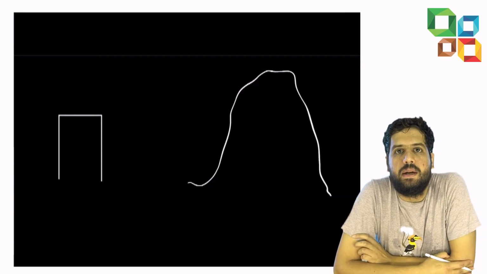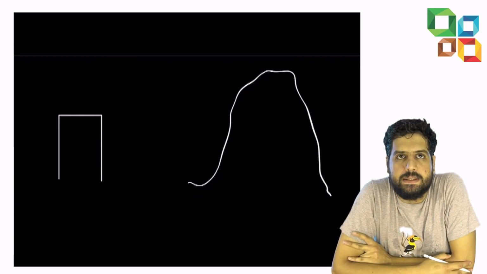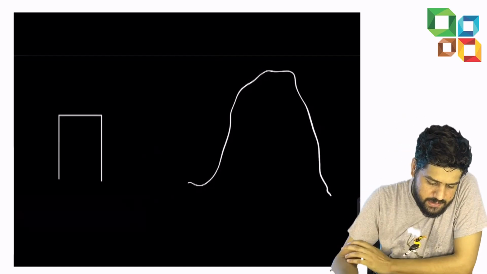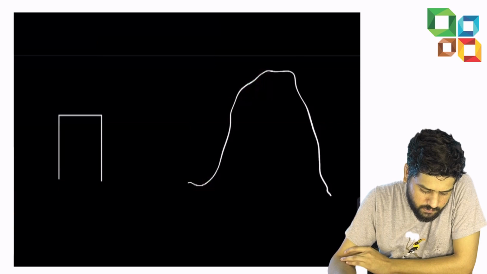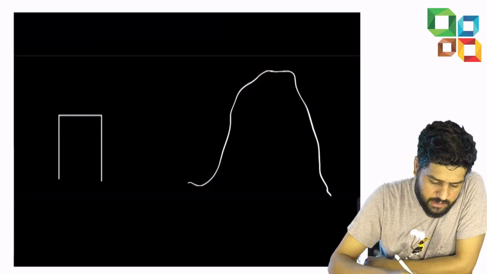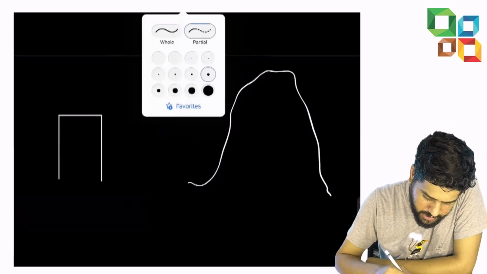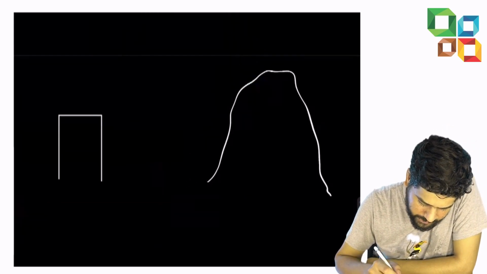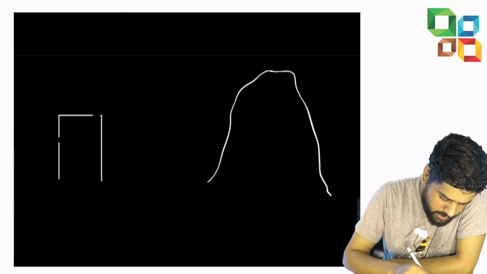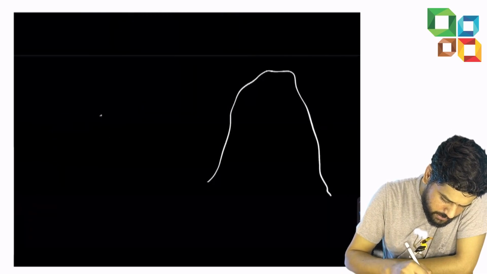To get around that, we're going to do something else. I want you to give some suggestions what we could possibly do so that we can calculate the height of, say, this particular mountain.